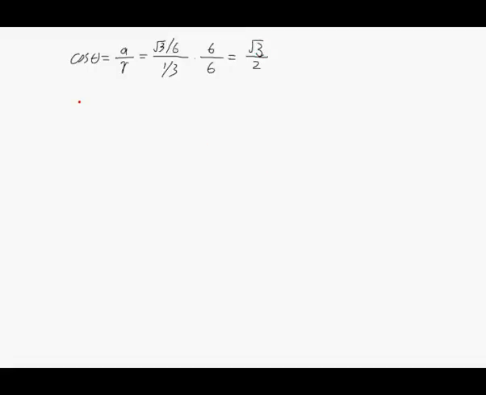Then you can first find the arc cosine of the root of 3 over 2. And we know this is equal to 30 degrees, right? And you check the complex number again.